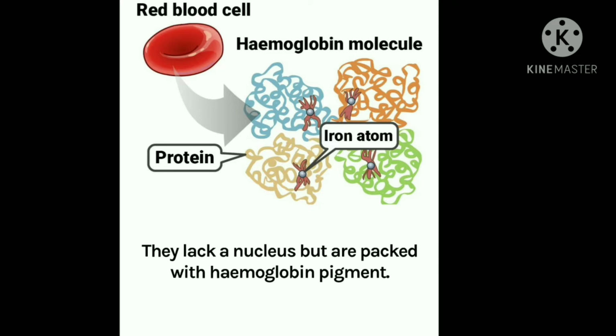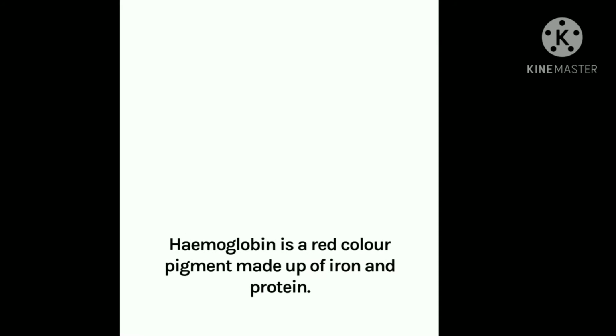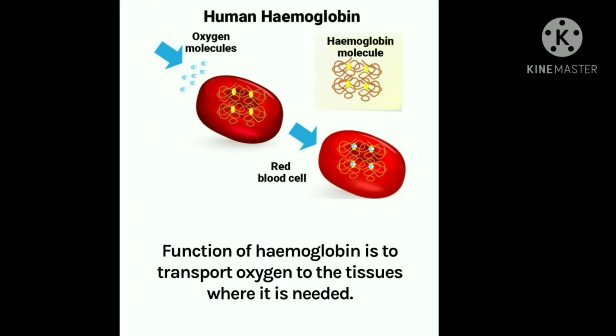As you are aware, why there is a need of the hemoglobin? Hemoglobin carries or absorbs oxygen, which is important in cellular respiration. Hemoglobin is the red color pigment made up of iron and protein. So now we will see functions of hemoglobin.